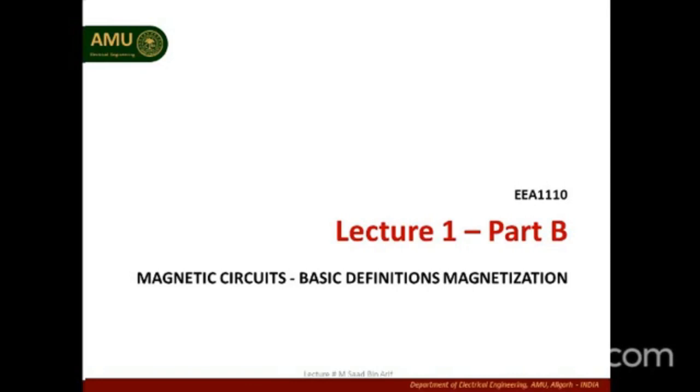Dear students, in the previous lecture, we discussed the introduction of magnetic circuits and magnetic field lines, and we also discussed the magnetic field pattern of a permanent magnet in different conditions.